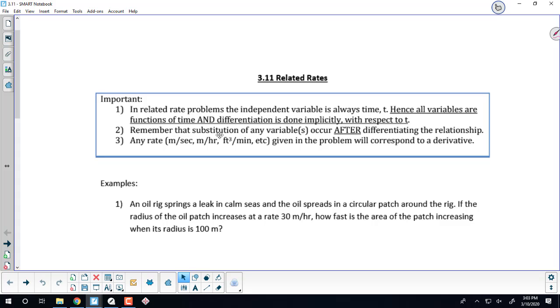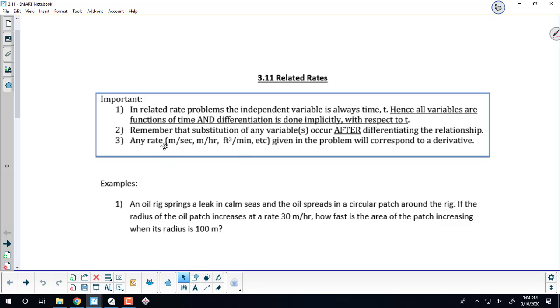When we substitute variables, you only want to do that after you have differentiated your fixed relationship between the things, like the relationship between the side length of a cube and its volume, or a circle's radius and its area. Those are the relationships we establish first. We differentiate, and then we plug in or substitute our variables.